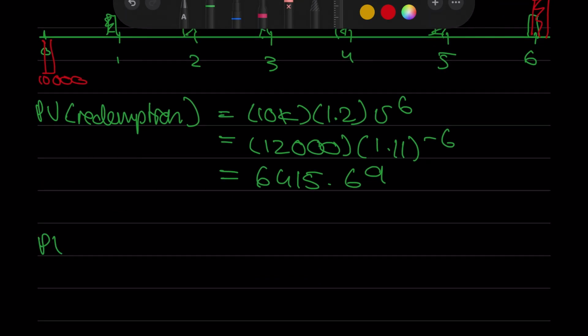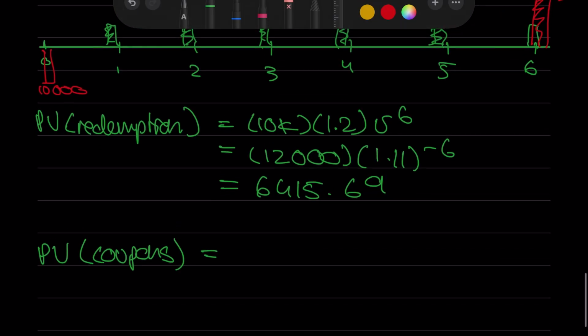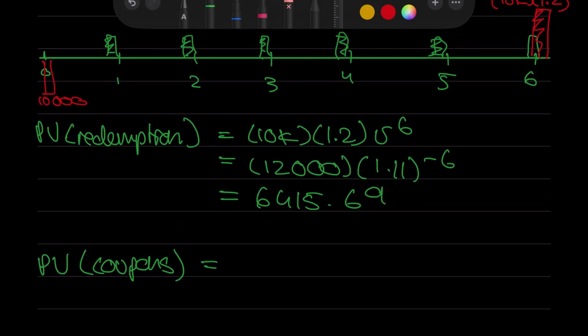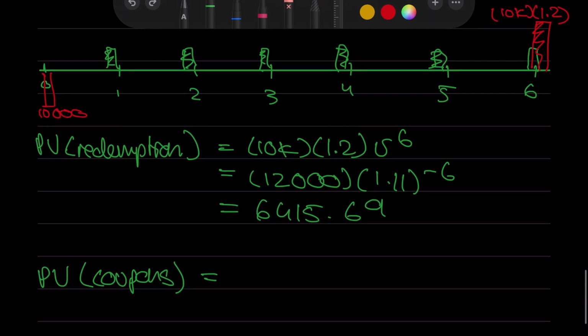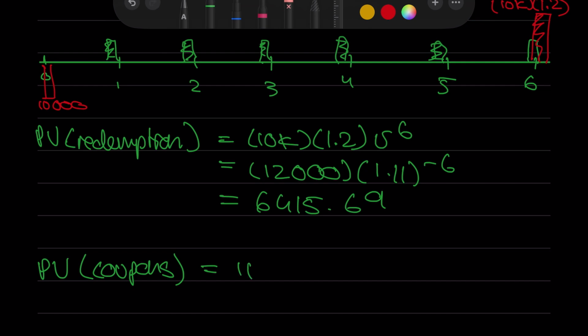Now let's go to the present value of the coupons. Same as the previous question, I'm going to write this in first principles, but now we're receiving these in arrears. So even our first payment, and these coupons are 11%, that means 11% of this nominal amount of 10,000. So 11% of that would be 1,100 Rand coupons we're receiving. Same as before, let's see if we can factor something out.